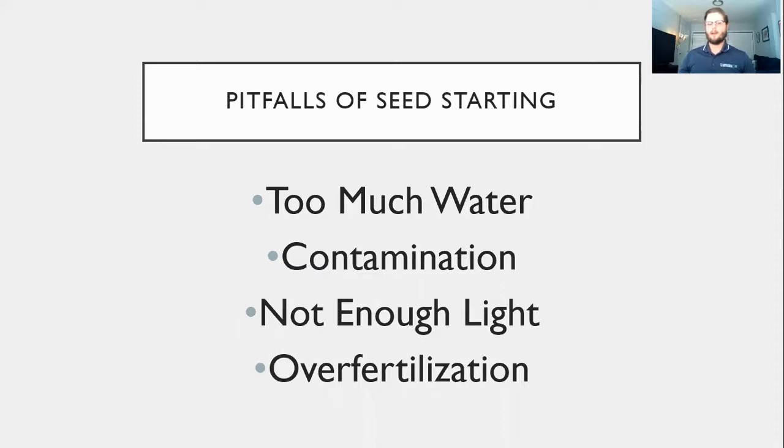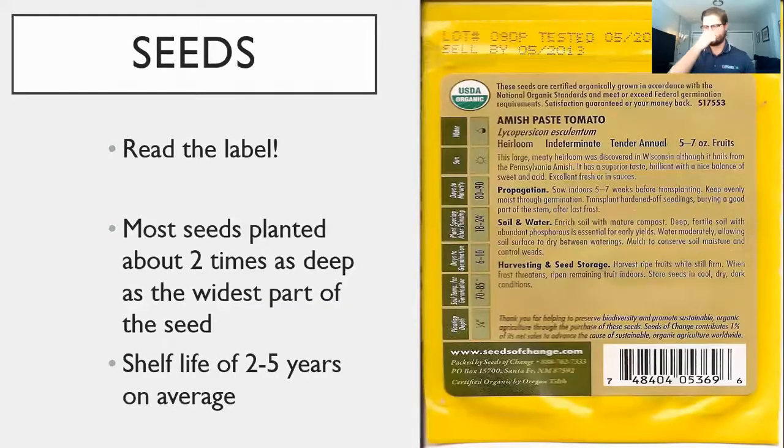Over-fertilization is also fairly common. I think for the same reasons that overwatering is common, folks sometimes think that if a little is good, a lot is better. But again, when these plants are so small, they can be so sensitive, and they are unfortunately prone to damage with too much fertilizer.